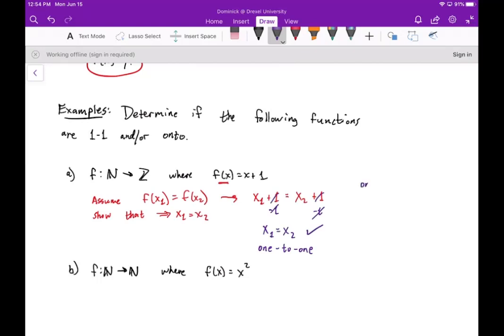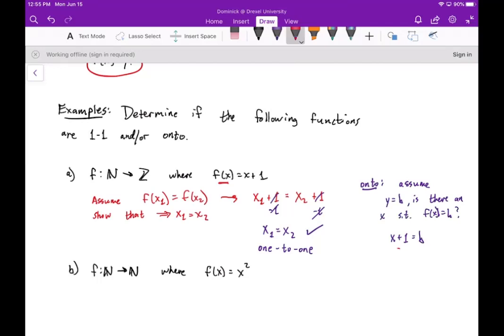Now, how about onto? Well, to show onto, you essentially assume that you have that y is equal to, let's say, b, right? Is there an x such that f of x is equal to b? Well, if f of x is equal to b, that means that x plus 1 is equal to b.